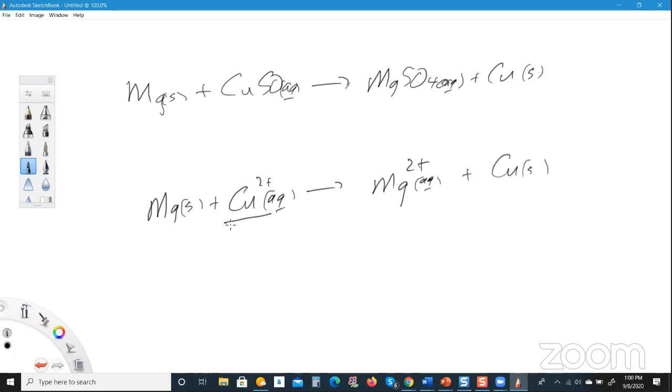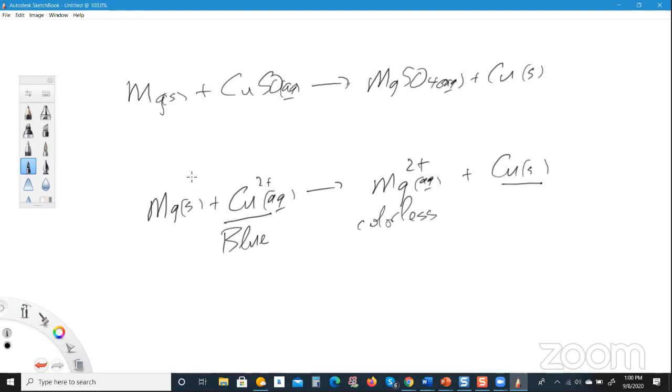The copper 2+ ion is responsible for the blue color, and magnesium 2+ is colorless. That explains why the solution clears up, because the copper 2+ reacts to form the colorless magnesium 2+, and you see a deposit of copper solid on whatever magnesium is left. Believe it or not, this is a redox reaction.